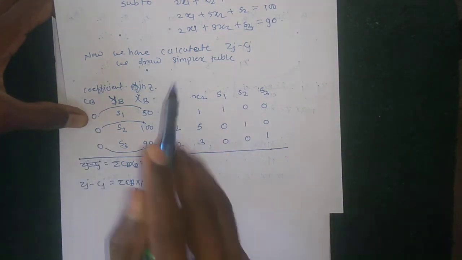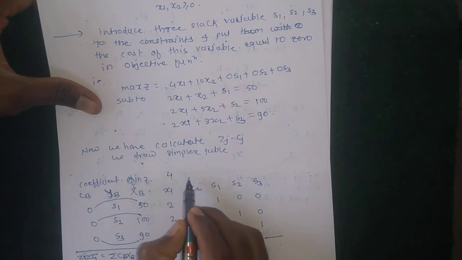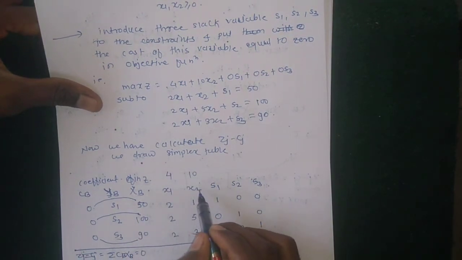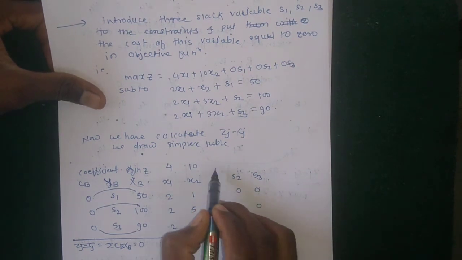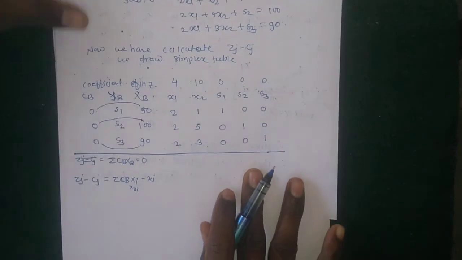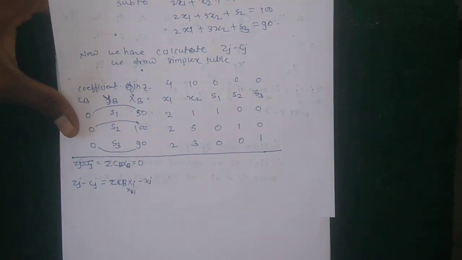For x1 the objective coefficient is 4, for x2 it is 10, and for the slack variables the coefficients are 0, 0, 0.